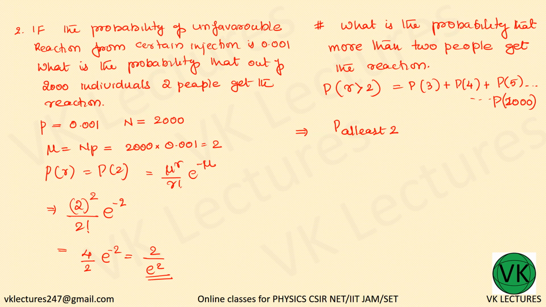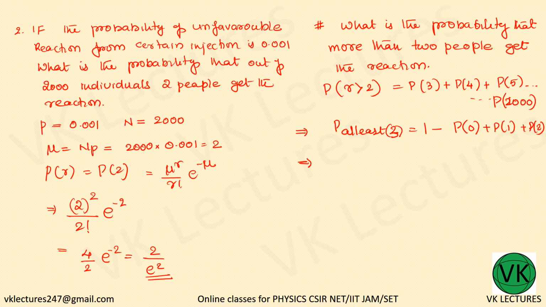So we can do this: P of at least 2 is equal to 1 minus P of 0 plus P of 1 plus P of 2. So it's actually at least 3, not 2, because minimum 3 should be there. More than 2 means minimum 3.